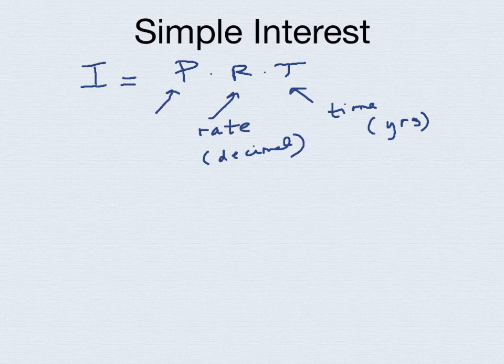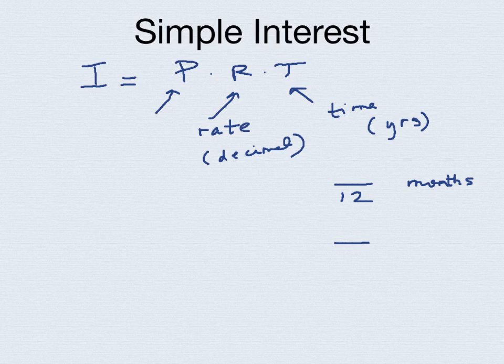If it's given in years like a 2 year, the T becomes a 2, simple. If the time happens to be given to you in months, say it was 6 months, for months you need to divide by 12. So in your question, instead of a 6, for 6 months you put 6 over 12, which of course is a half a year.